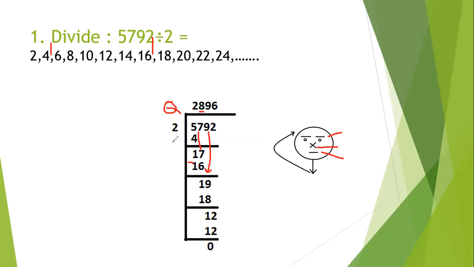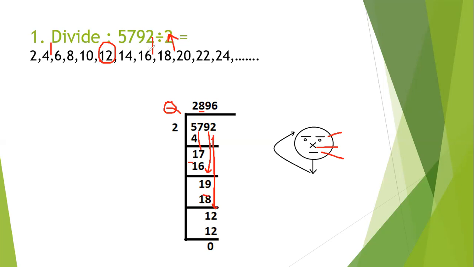19 divided by 2. You will find 19 here between 18 and 20. How many multiples before 19? 1, 2, 3, 4, 5, 6, 7, 8, 9. Put 9 and multiply. 9 times 2 equals 18. Subtract. 19 minus 18, 1. Bring down 2. 12 divided by 2, you can find 12 here, so you have to count it.